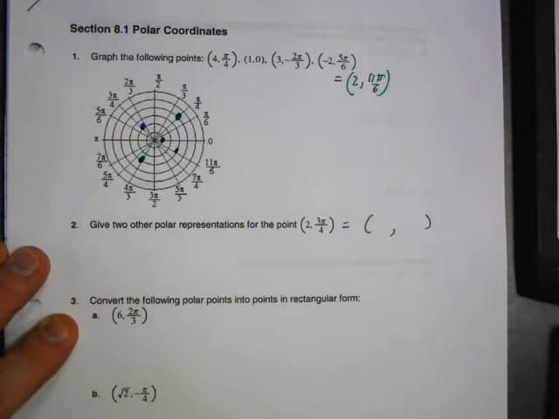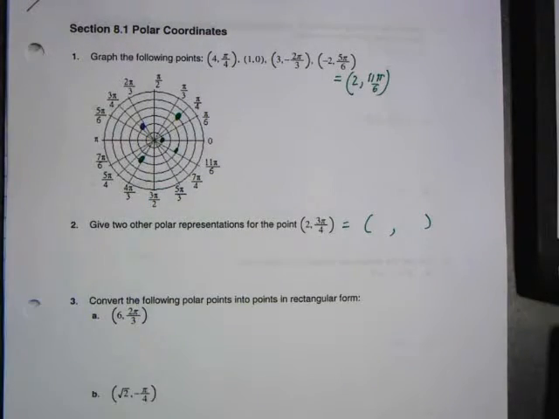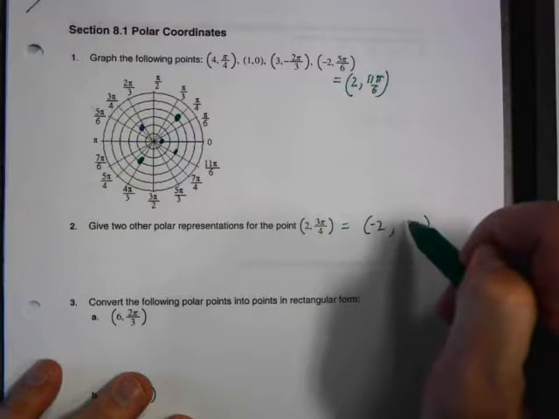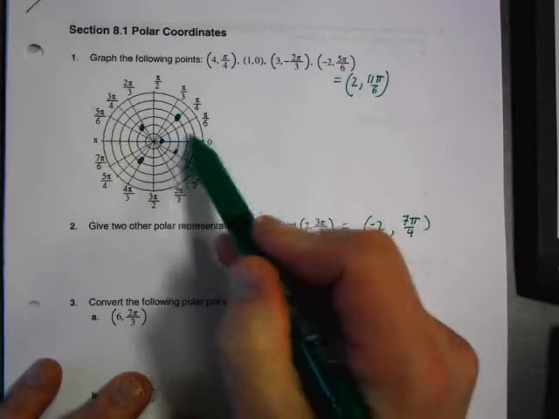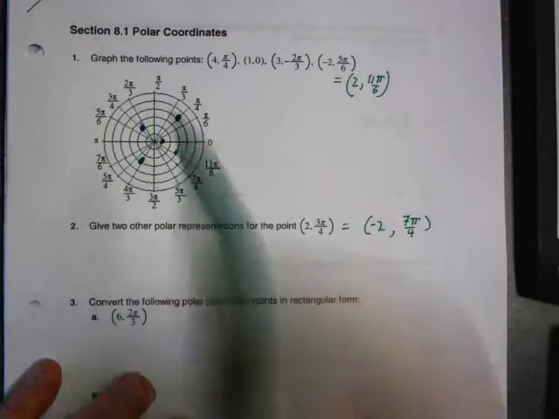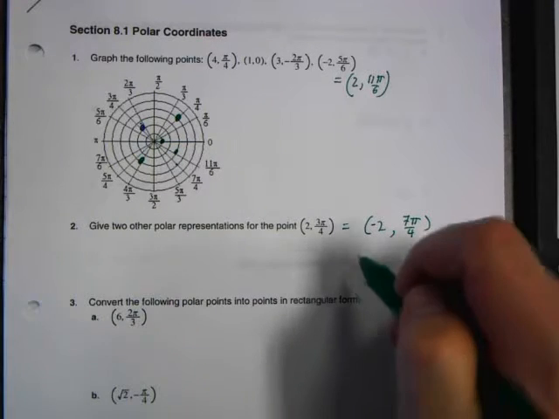One correct answer looking at the graph would be (-2, 7π/4). So you go to 7π/4, and you go the opposite direction. That would work. And also 11π/4.